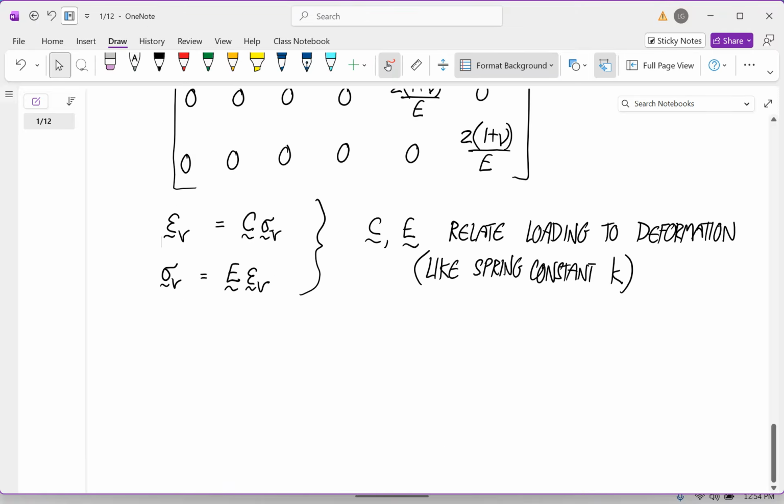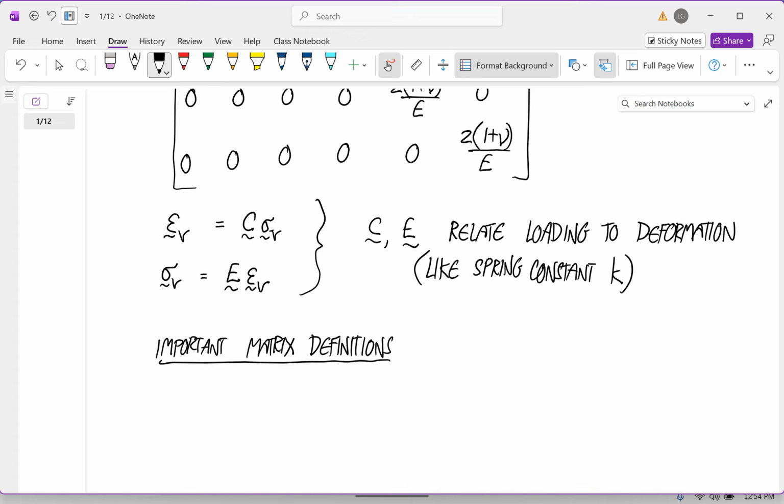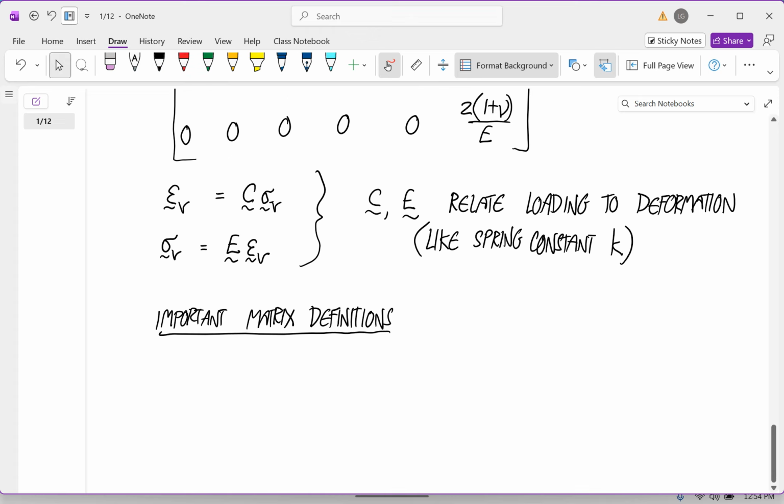Now I want to talk about some important matrix definitions. The first one is the transpose.